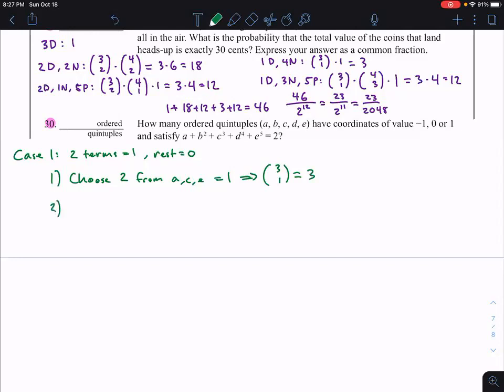For your second subcase, you want one of A, C, or E to be equal to 1, and you want one of B or D to be equal to either 1 or -1, since it doesn't really matter, since they have even exponents.